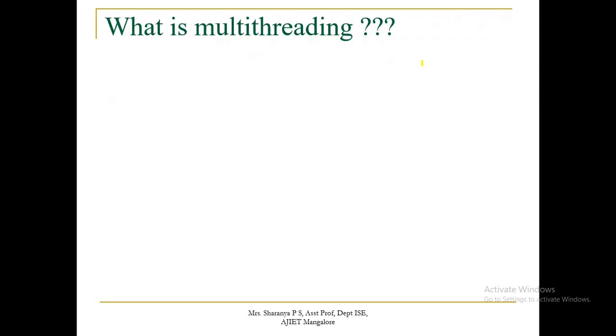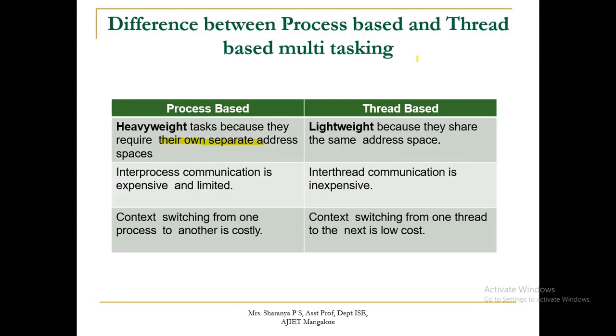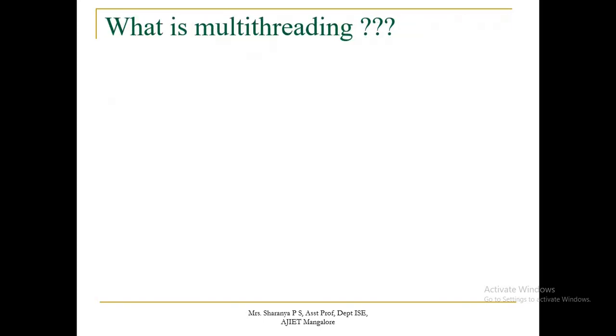Now we have discussed what is meant by multi-threading as well as multitasking. Now we'll try to define properly what is meant by multi-threading. We might have come across this: we open the browser, and in that browser we may open a new tab.